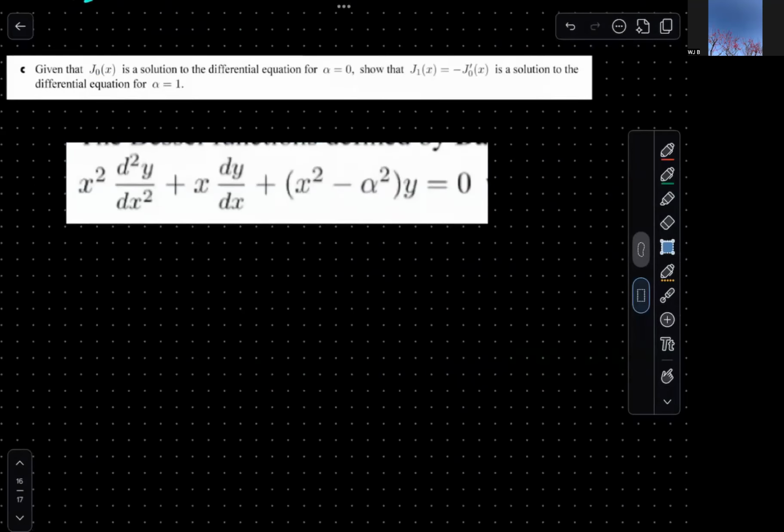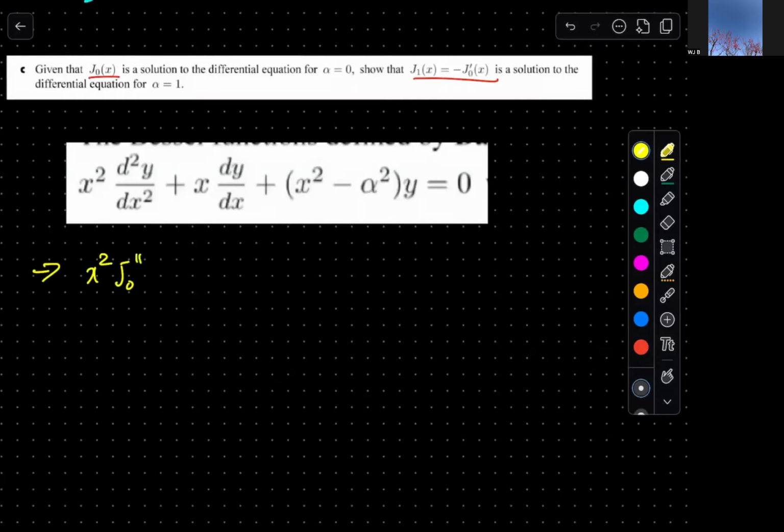And now I know J naught of alpha 0 is a solution, and its first derivative happens to be negative J1. So since it's a solution, I can plug it in first. Using the given information, it's going to be x squared J0 second derivative, plus x J0 first derivative, plus x squared minus alpha squared of J0, okay?